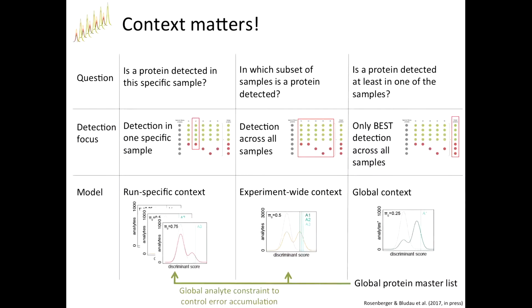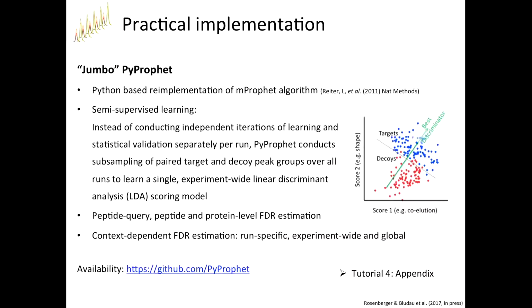So our suggestion is to use this global context to build a global master list, and then use this global analyte constraint to control error accumulation in either one of these 2 contexts. The practical implementation of this is again another PyProphet, which is what we, at least internally, call the jumbo PyProphet. PyProphet itself is just a Python-based re-implementation of the mProphet algorithm, including these DIA scores.